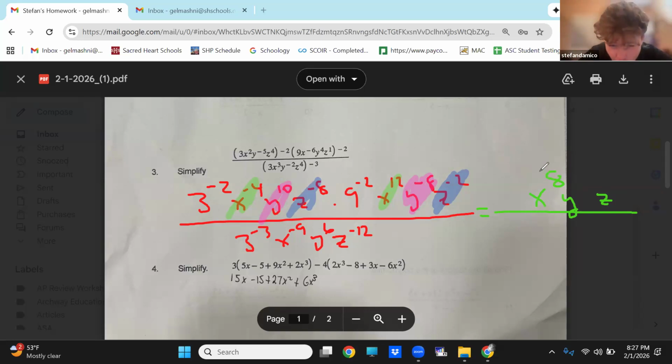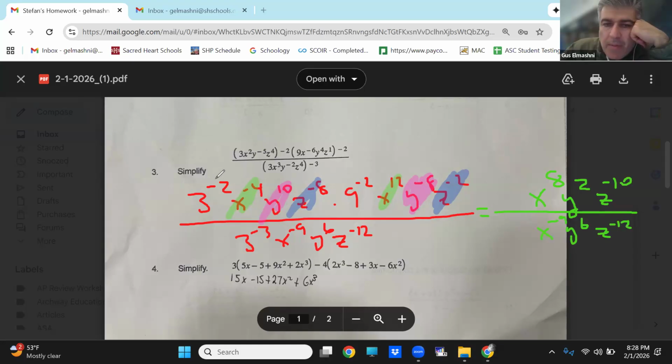Let's go in order. How about Y? That's 2. Good. You're doing great. And the next one? Z is -10. Good. And then of course you have X negative 9 on the bottom, Y6, and Z negative 12.